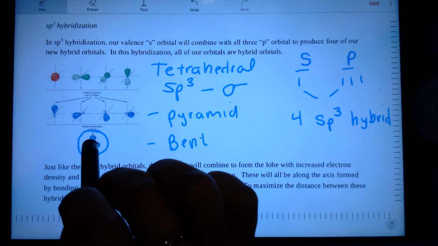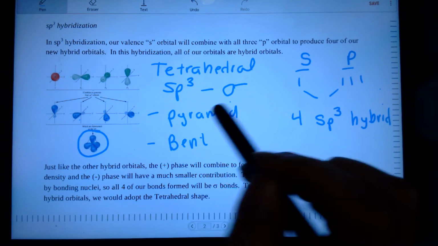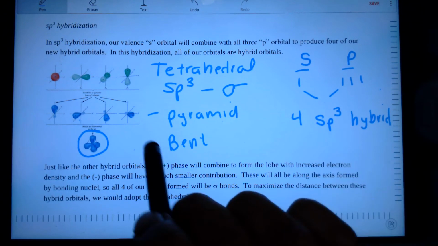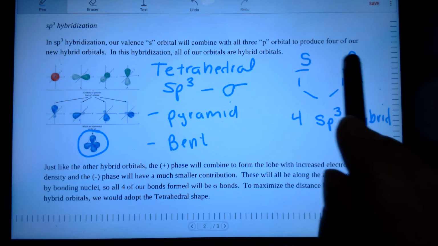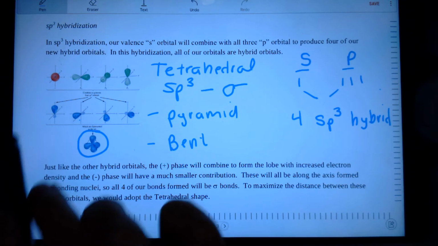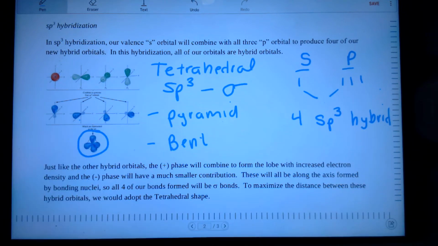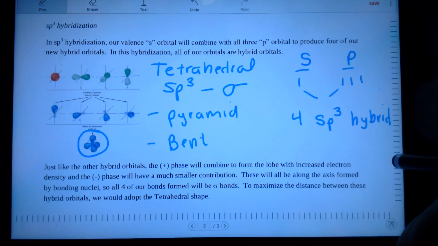Instead of forming a bond, a hybrid orbital just houses a lone pair in a pyramid or bent shape. All of them mixed together form sigma bonds, so no pi bonds are formed for the tetrahedral shape for the most part.